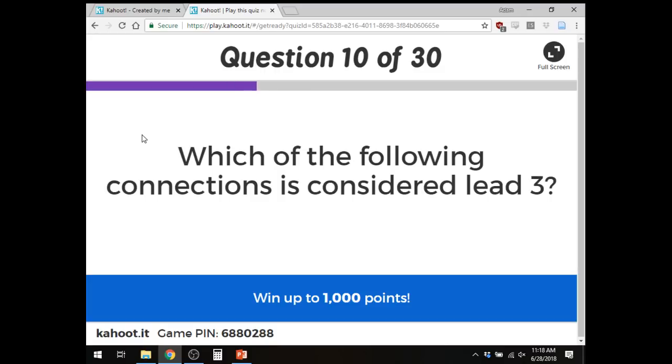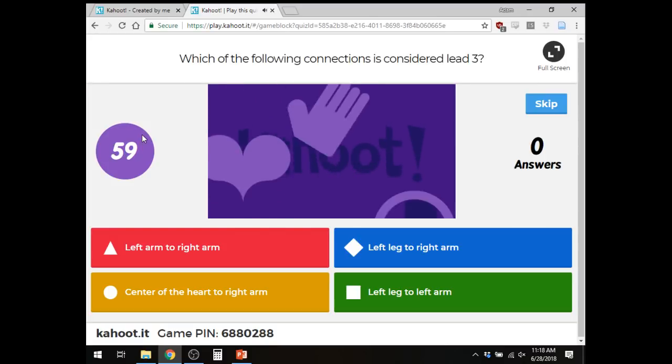Which of the following connections is considered lead 3? I already gave this one away, so let's see.